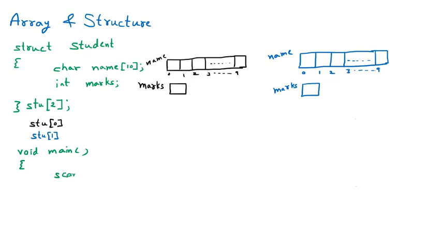scanf, then %s for the name. The name don't have the address, so now we have to access the name. How? With the help of stu0. So here we will write stu0 dot name.